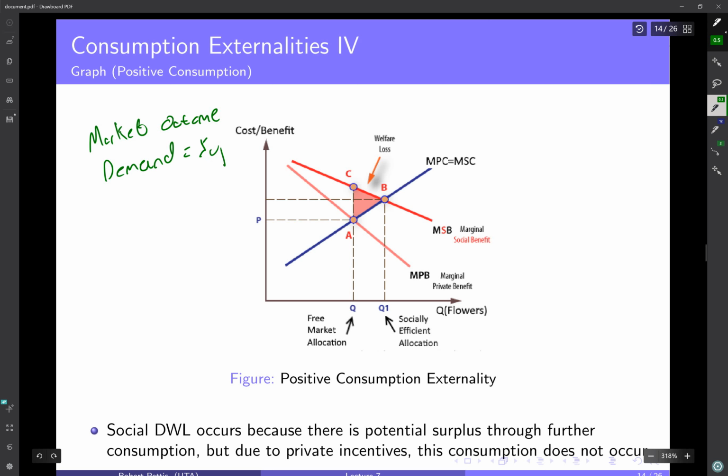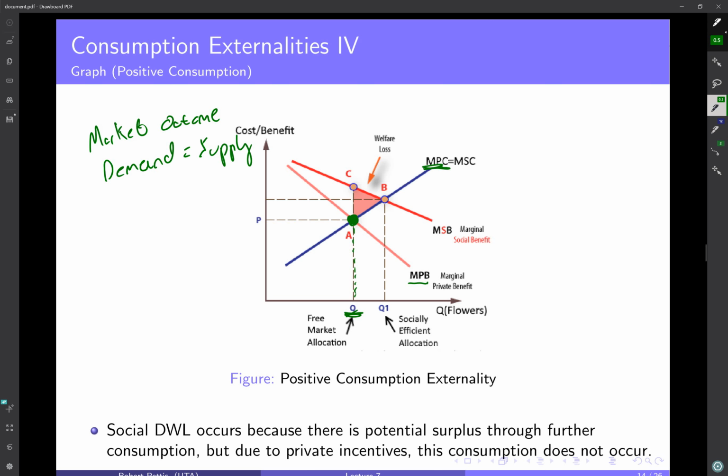Demand is equal to supply, or marginal private cost is equal to marginal private benefits. It's really the other way around. Okay? All right, so where does that happen? Well, this is our marginal private benefit right here, and this is our marginal private costs. So those two curves equal right here.